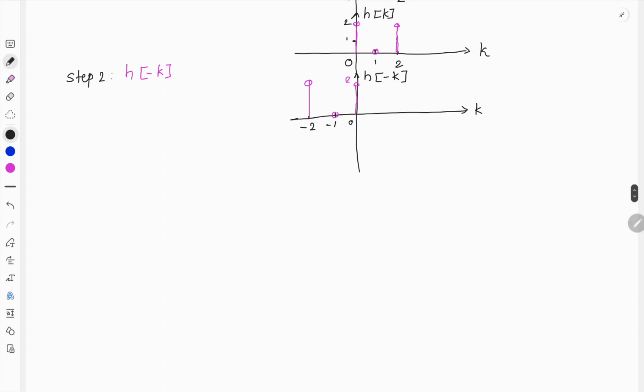Now step number 3. Here we have to shift the h of minus k signal by amount n. Therefore this becomes h of minus k plus n, which can be represented as h of n minus k, which is the desired expression in the convolution sum. So we'll draw it.